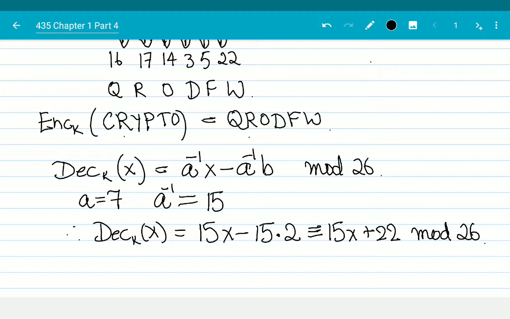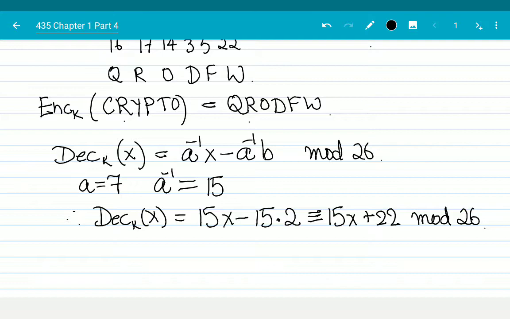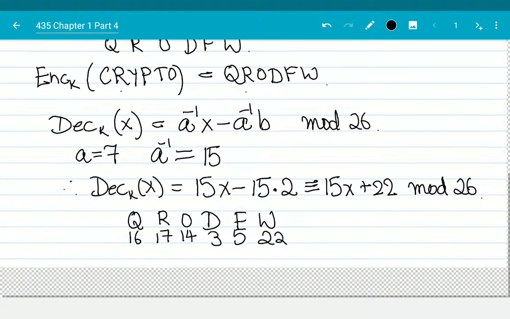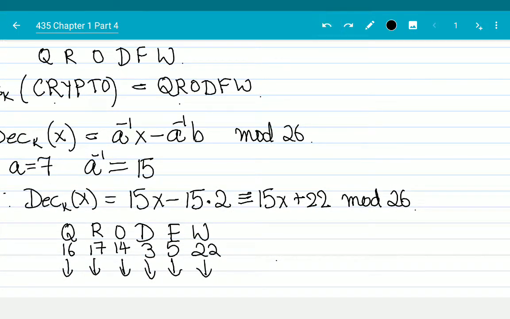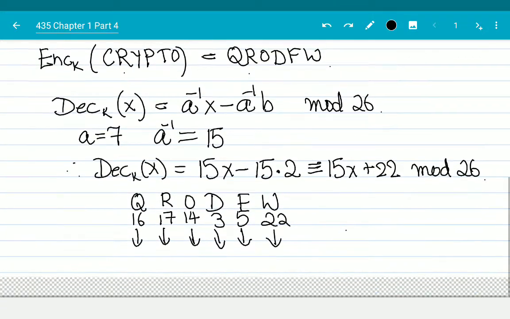Okay, so this is the formula that I will be using, and it is now easy to check. If I feed QRODFW back into this, this should give me back the message. QRODFW is 16, 17, 14, 3, 5, 22. Let us see if this goes back. I'm not going to check all of them, just one or two.